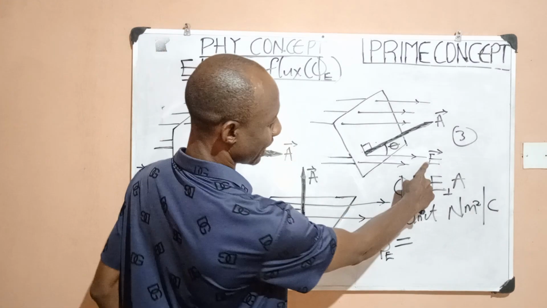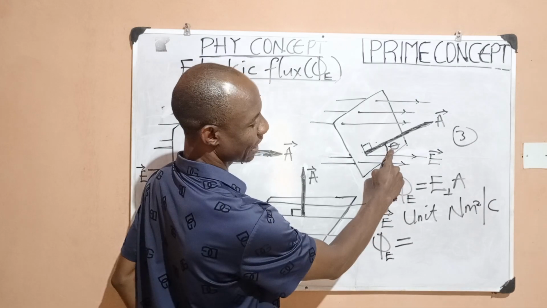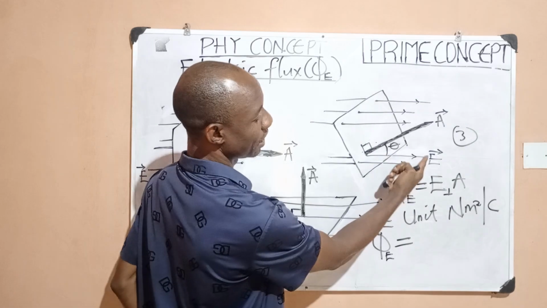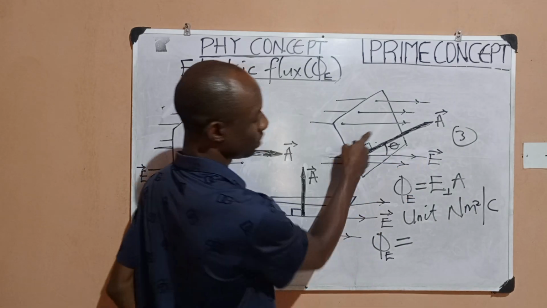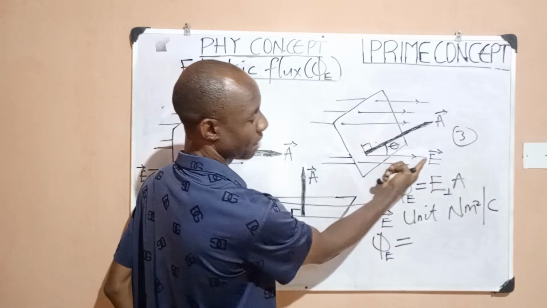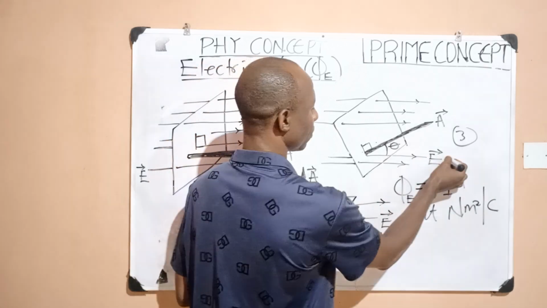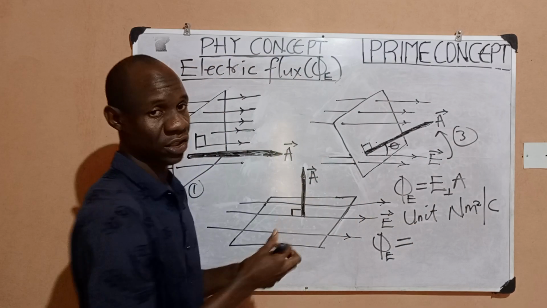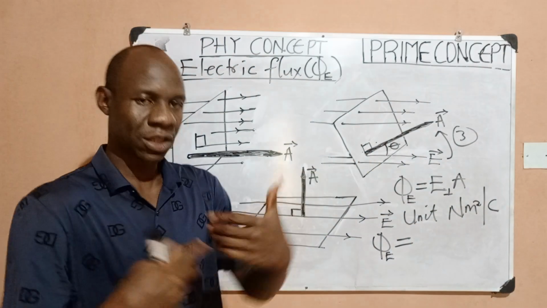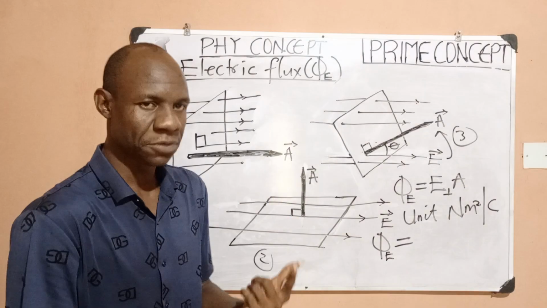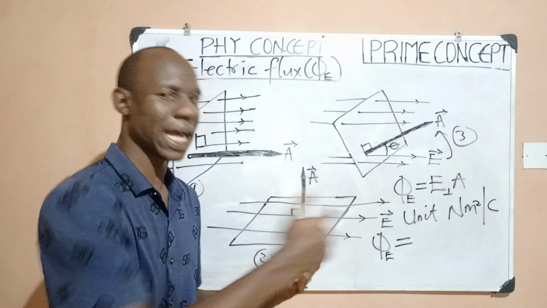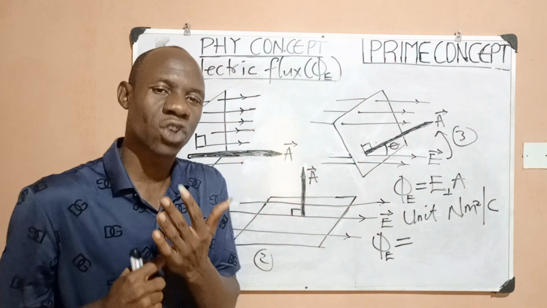If you notice, the electric field here is at an angle theta. So if I want this electric field to be perpendicular to this surface, I'm going to resolve it like this, in this direction, right? And remember I taught you earlier that whenever you are resolving and you are closing an angle, you use cos.